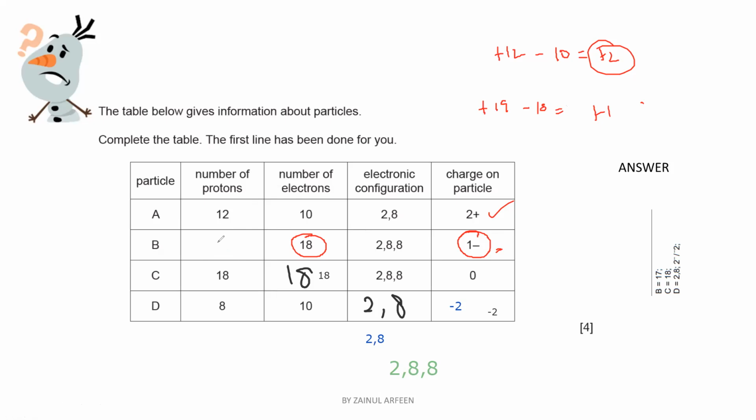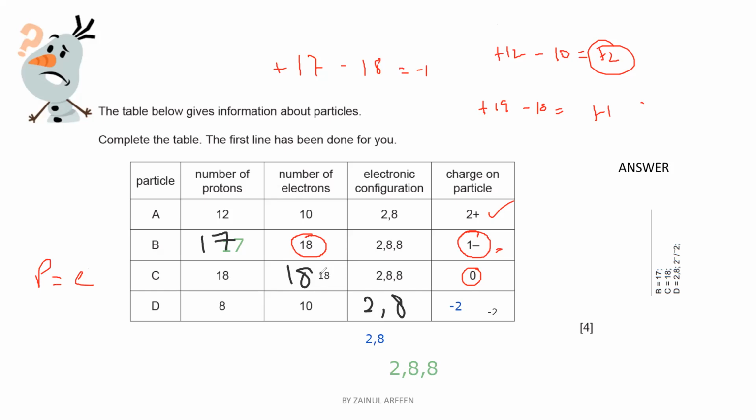So what should be the number of protons in this box? That is equal to 17, because 17 protons minus 18, the total will be -1. Then because this net charge is 0, if net charge is 0, number of protons should be equal to number of electrons.